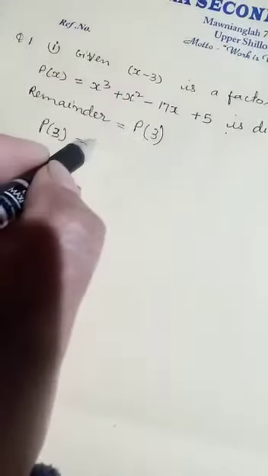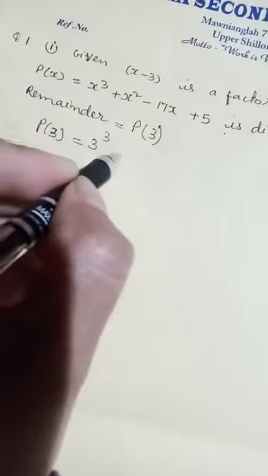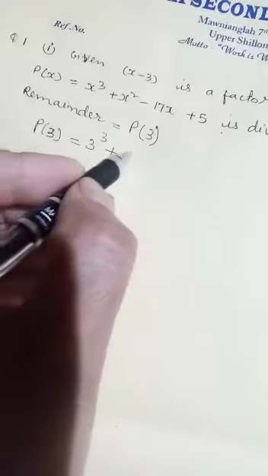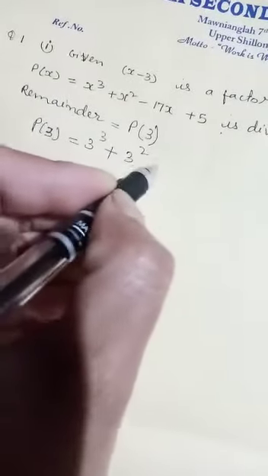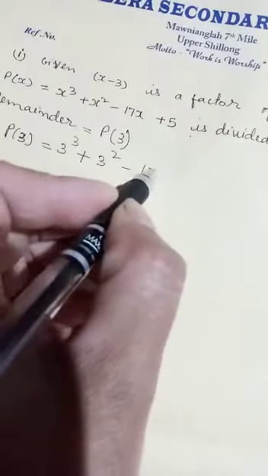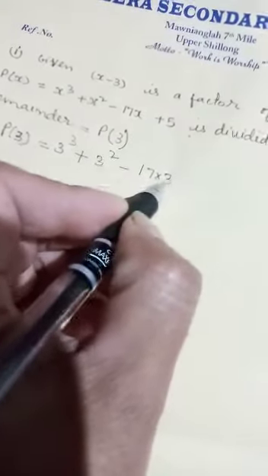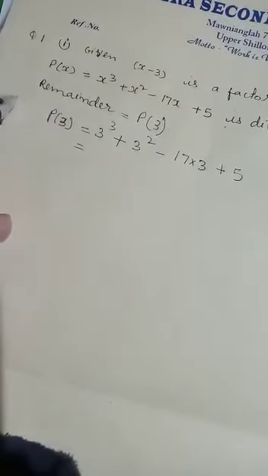So here we have x to the power 3. We can write 3 to the power 3 plus, in place of x again we replace with 3 to the power 2. 17 into x, that means 17 into 3. Then plus 5. 3 to the power 3, that means you have to multiply 3 into 3 into 3. 3 into 3, 9. 9 into 3, 27.